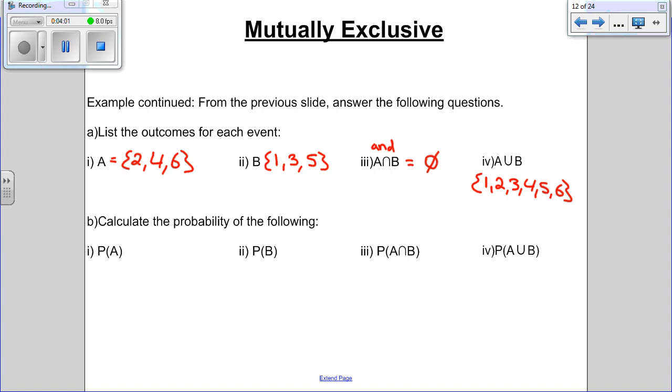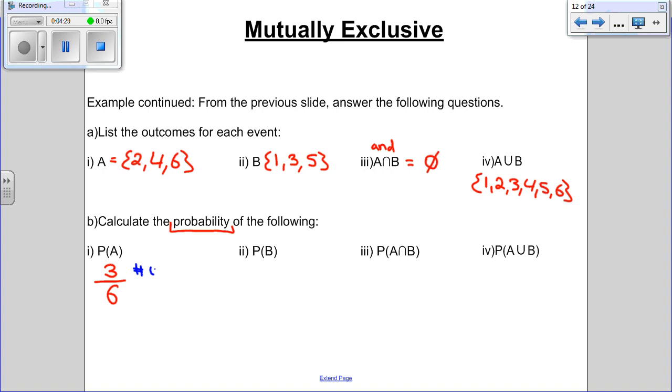Calculate the probability of the following. So now we're getting back to what we did yesterday. What's the probability of A happening? So event A. What is it? 3 over 6. Why is it 3 over 6? Because you want the number of outcomes you want to happen on the top.